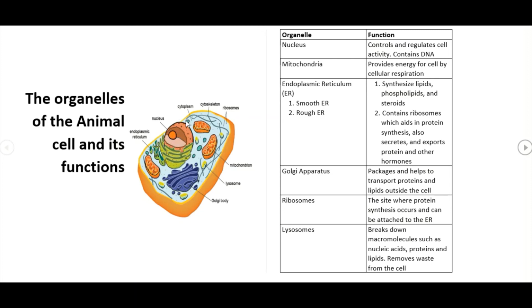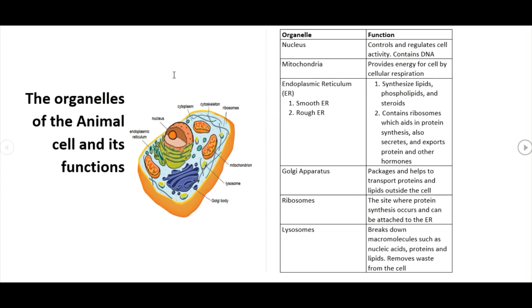Okay. Then we also have a vacuole. You won't see the vacuole on here because it's actually very small. When looking at the plant cell, the vacuole makes up about, I'm not exactly sure now, but I'm sure it's about 60 to 70% of the plant cell, whereas in the animal cell it's significantly smaller because it doesn't store as much water and things like that as compared to the plant cell.